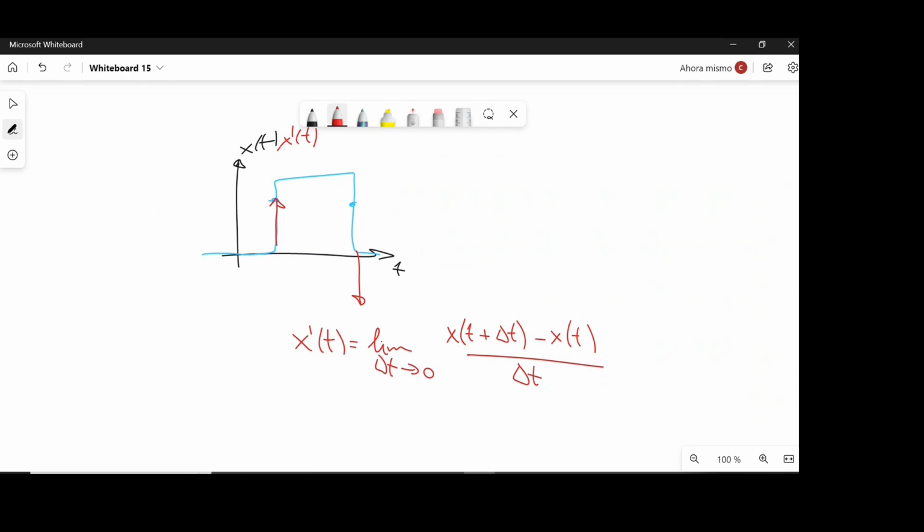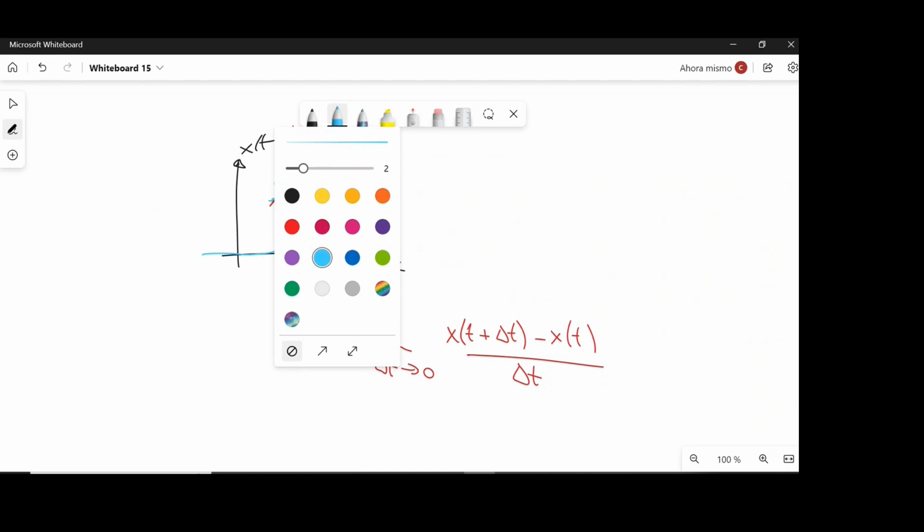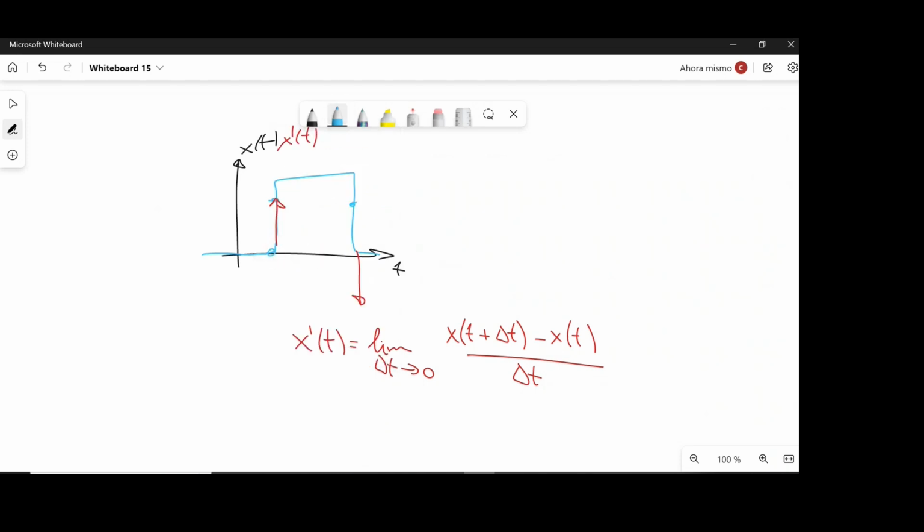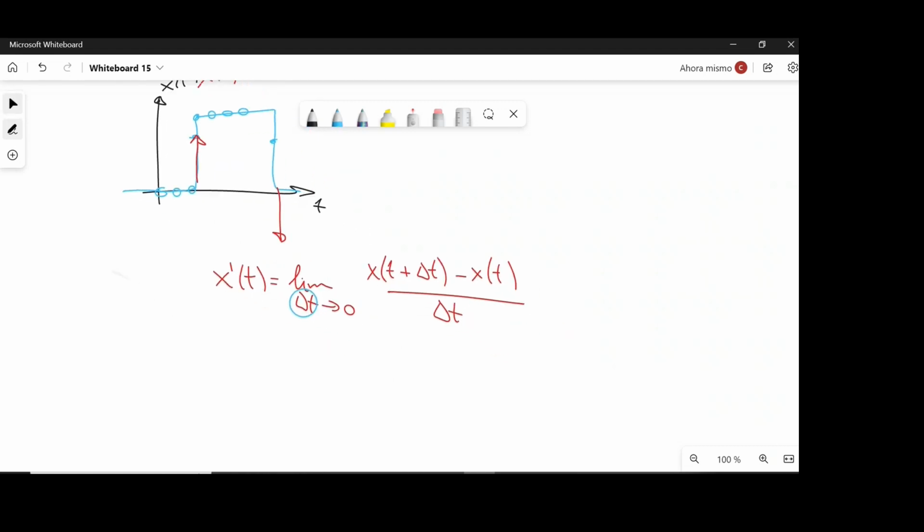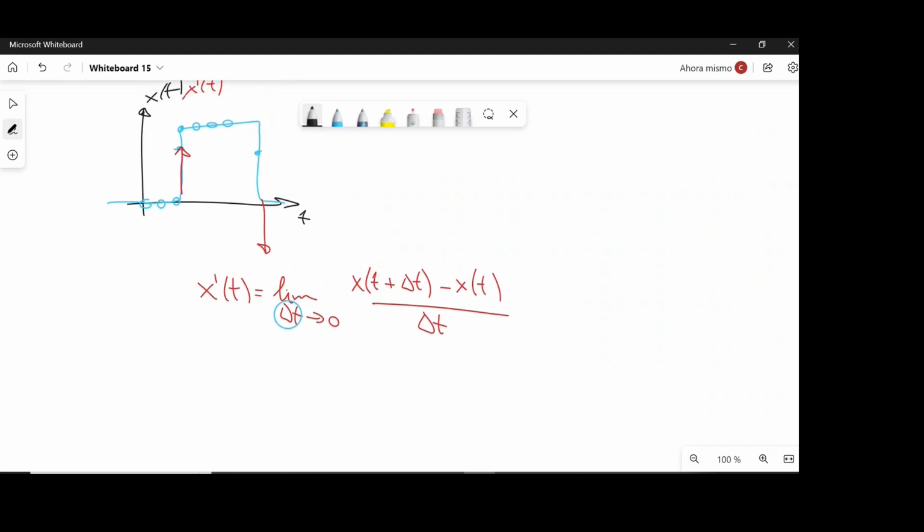But now let's say that we have a sampled signal. So we have samples here, and our sampling is delta t. Then I can approximate this like so.